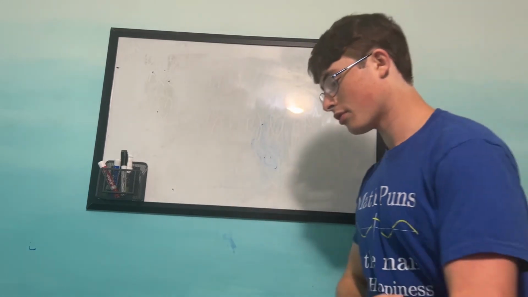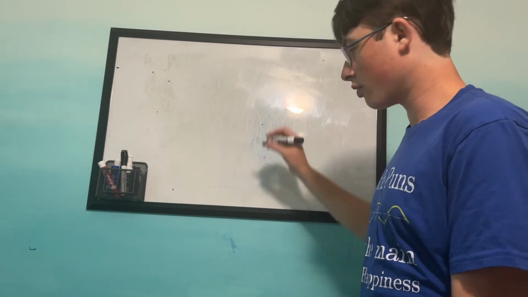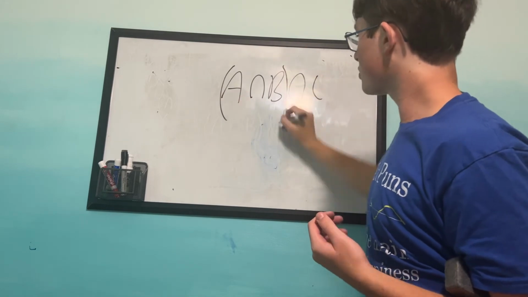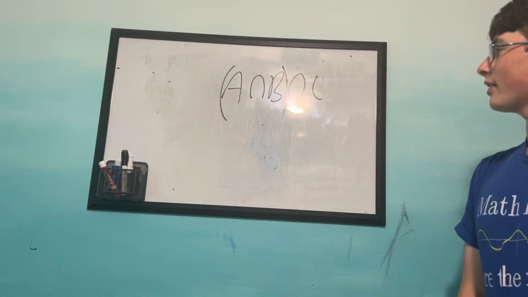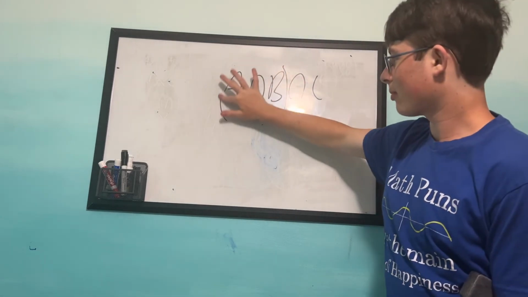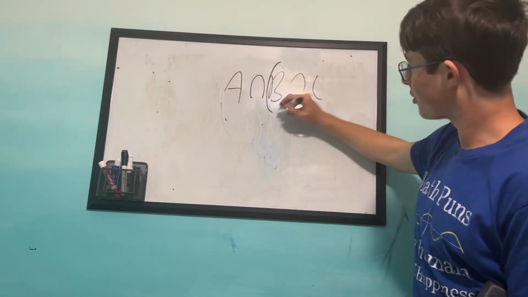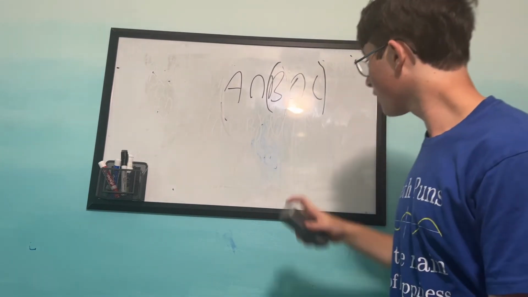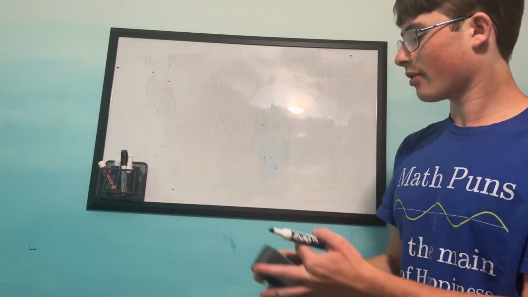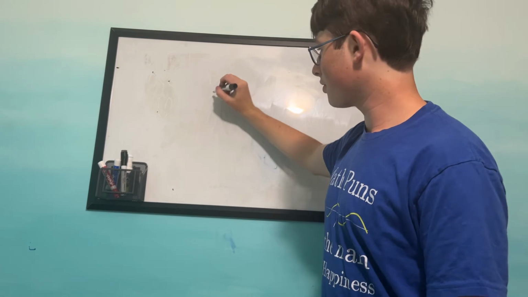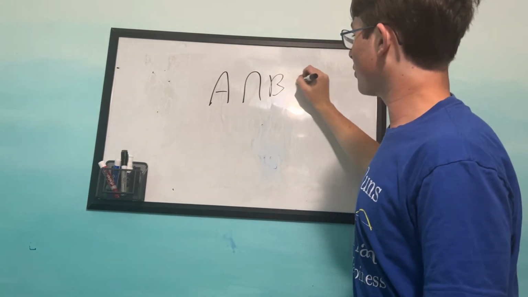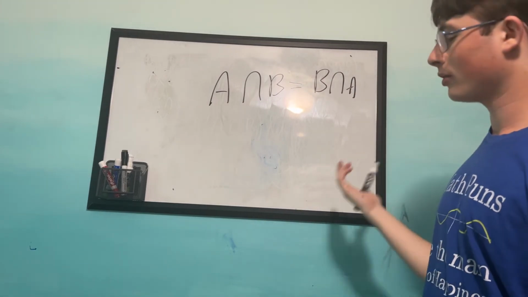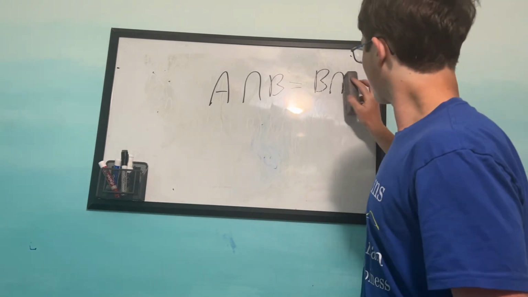Additionally, the associative laws: you have this string set up with the intersection of A and B and the intersection of that with C. It's the same as if you switch the parentheses over. The order of the parentheses does not matter, and it's the same also for unions. And then the most intuitive of the laws that holds up is the commutative law. The intersection of A and B equals the intersection of B and A. This also holds up for unions as well.